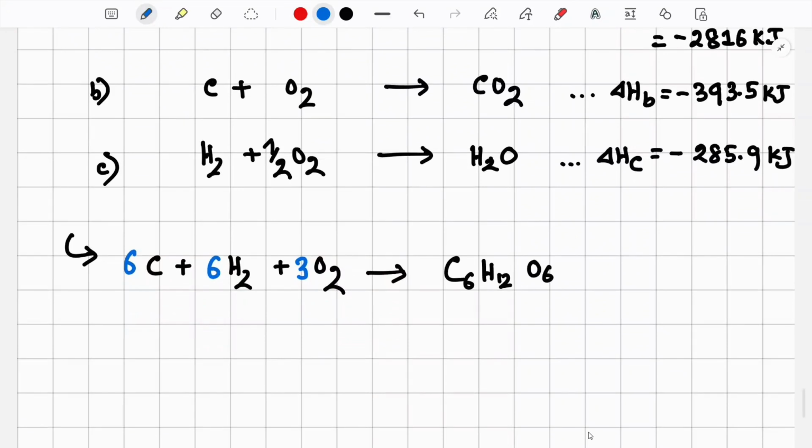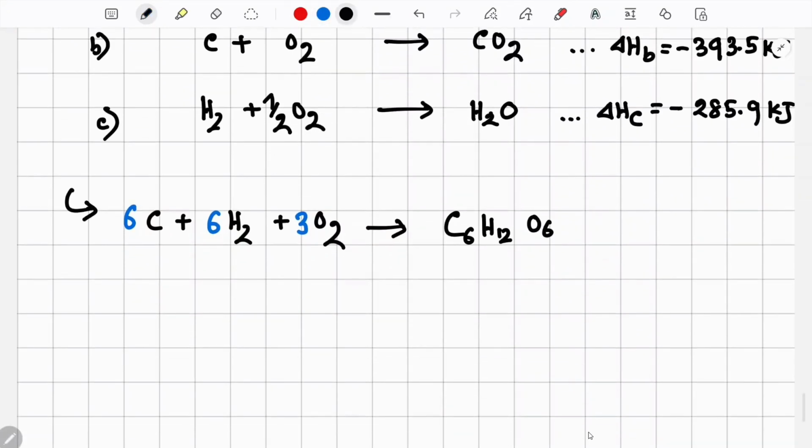First reaction A in the backward direction, and the second and third reactions multiplied by 6. So 6B plus 6C minus A. I think that's correct.